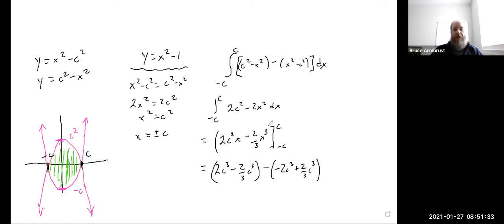Watch, your signs are going to give you trouble sometimes with these, since we're subtracting and subtracting negatives and so on. So just watch those. But let's see what this ends up giving us. So we have 2 plus 2 is 4, minus 2/3 minus another 2/3. So this is 4 minus 4/3 times c cubed. And I believe that becomes 8/3 c cubed, if I did my math correctly here.